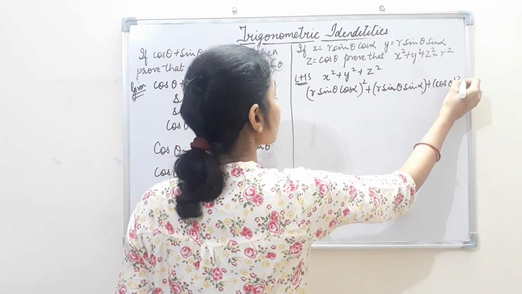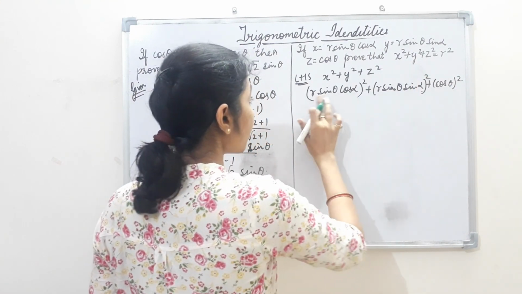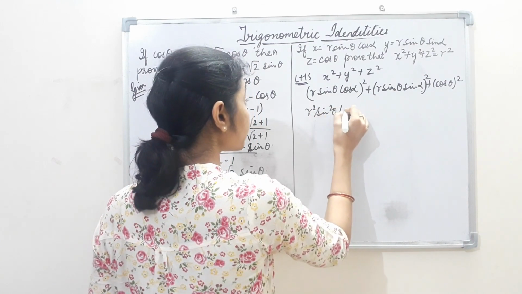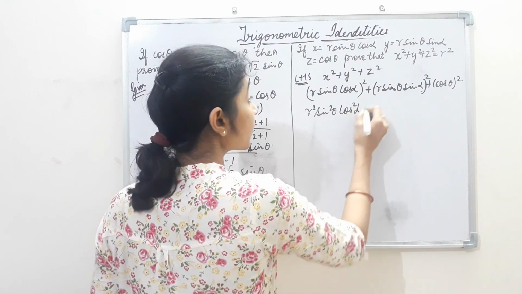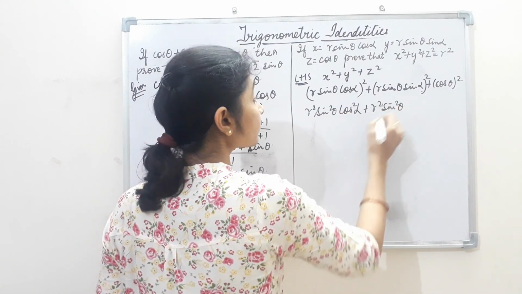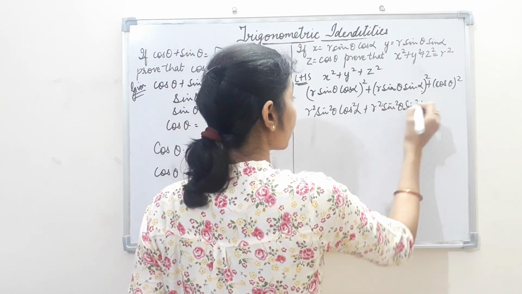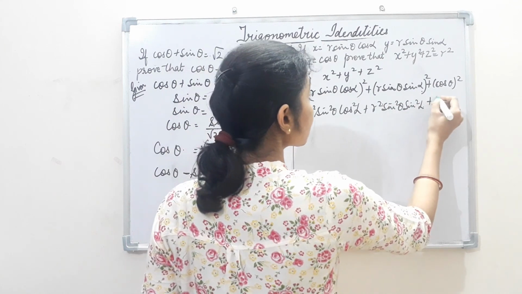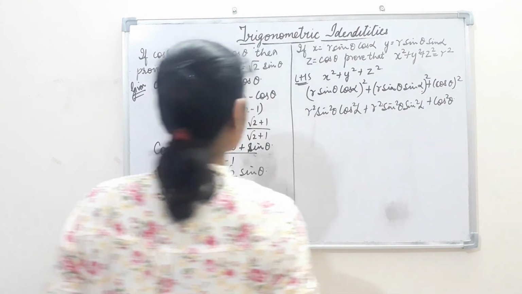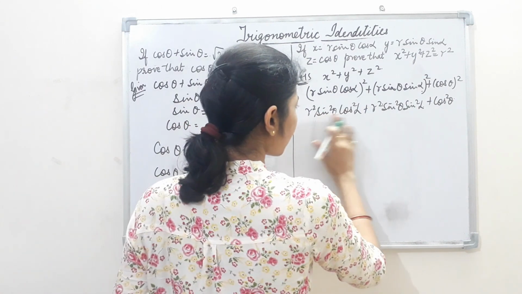and the value of z, that is plus r cos theta, whole square. Okay, now here taking the square of this first term, r square sin square theta cos square alpha plus r square sin square theta sin square alpha, plus r square cos square theta. Okay, now here is there anything common between these three?